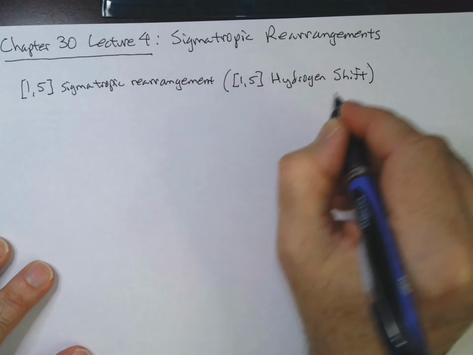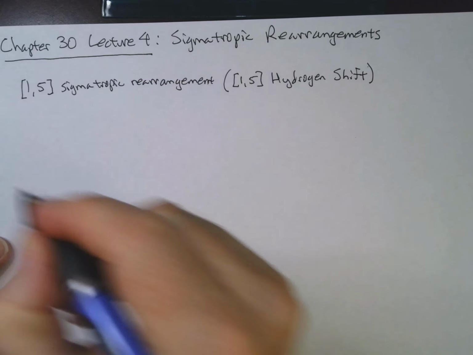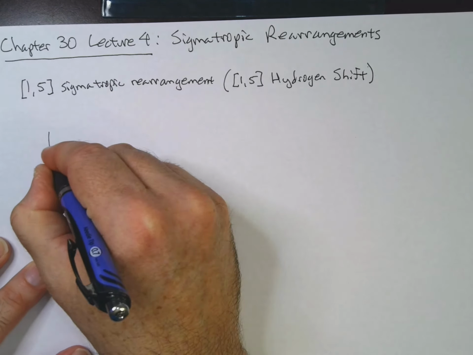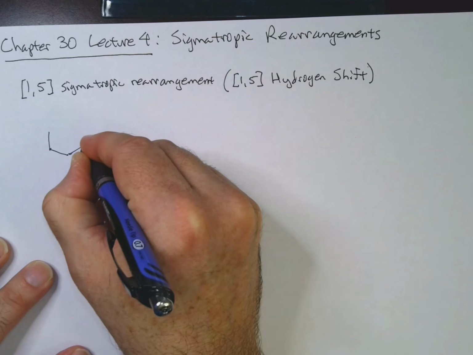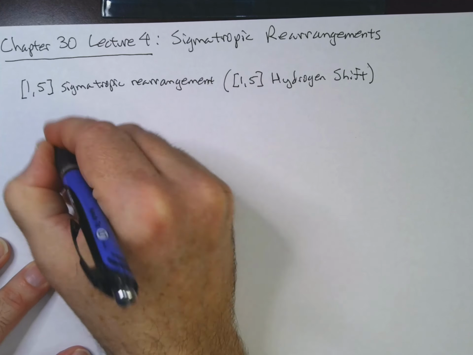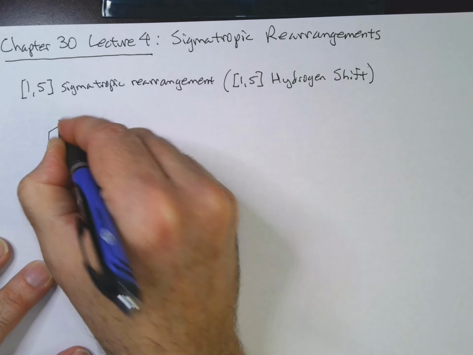Notice I said a hydrogen shift, not a hydride, although the hydrogen is bringing its electrons with it. So let's go ahead and draw out a molecule here. I've got 3 hydrogens here, so I'll just draw one of them.